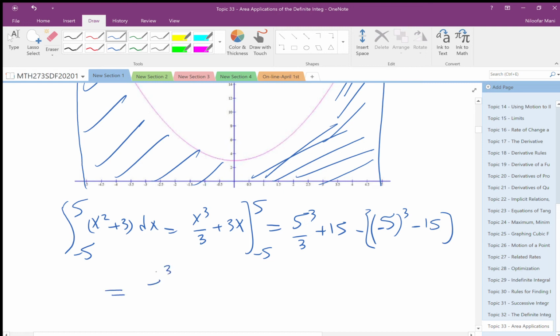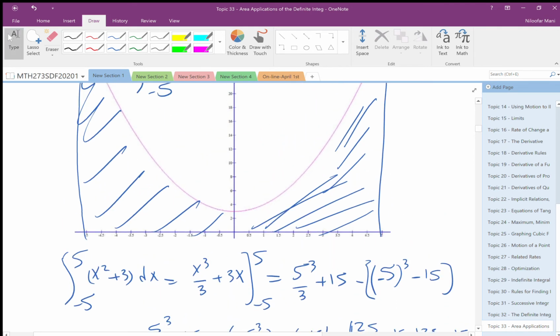So it's minus and minus, which is 125. Am I right? 5 times 5 times 5. Yes, 125 divided by 3 plus 15 plus 125 divided by 3 plus 15.